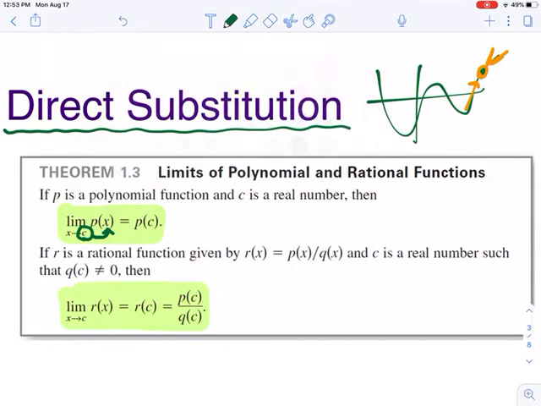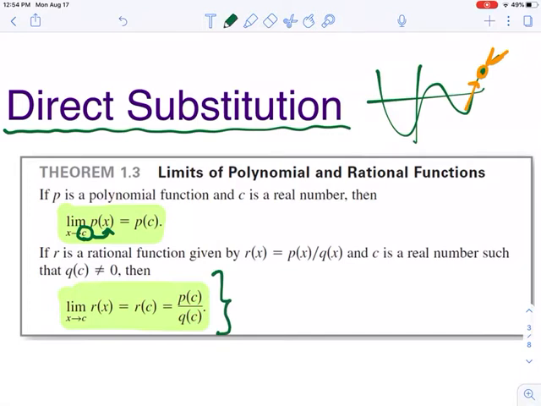Well, when we're talking about a polynomial, we know that there are no holes in a polynomial. So we are fine to just substitute that c value through, okay? We also know that as long as our denominator is not 0, we don't have to worry about holes or asymptotes of a rational function.